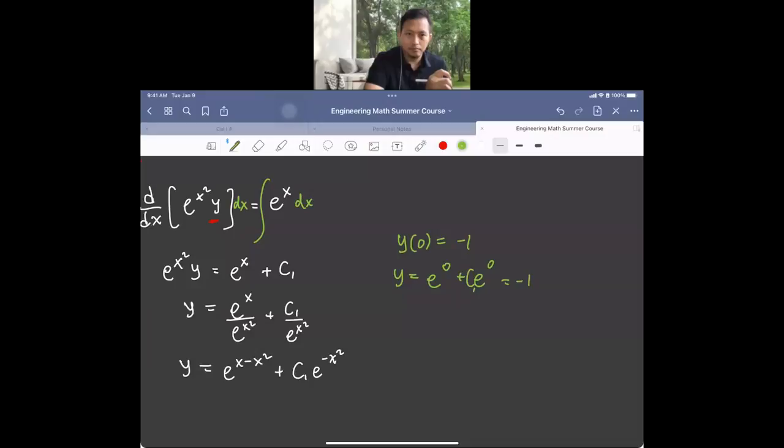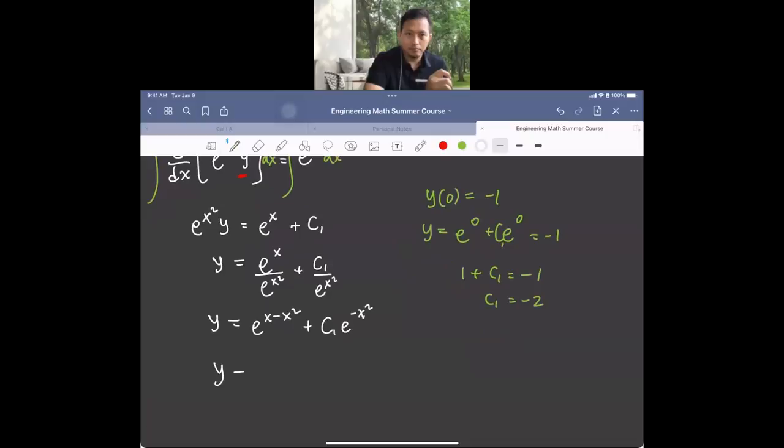Oh, -2, sorry. So this will be 1 plus c1 equal to -1, right? So c1 is -2. Okay, now we have y equal to e to the x minus x squared, minus 2 e to the negative x squared.